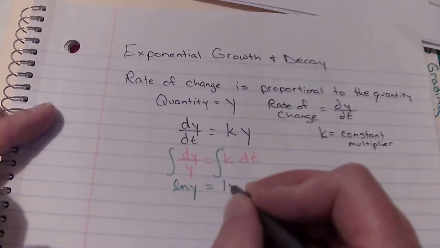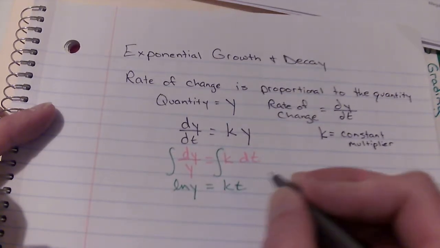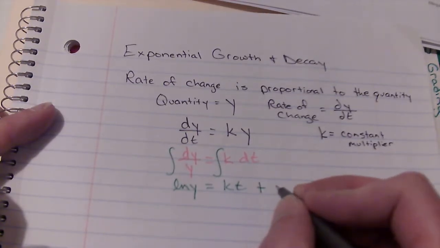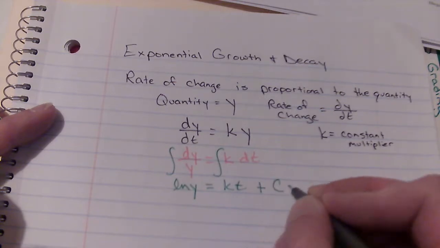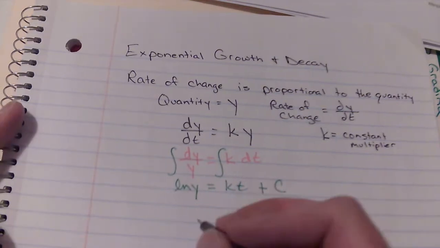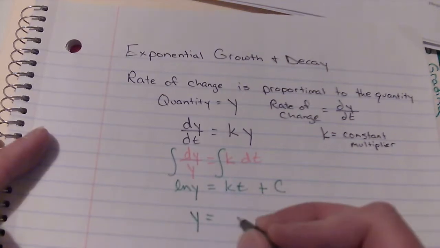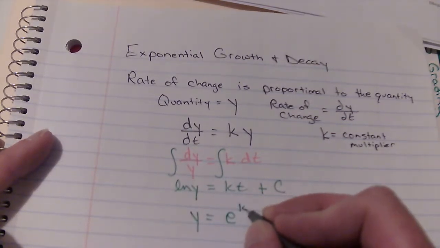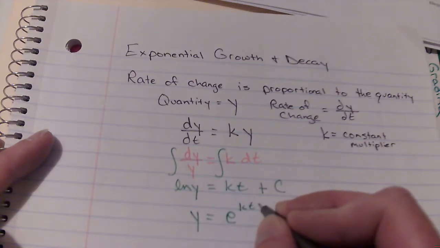And this would be kt, because that's some kind of multiplier, some kind of constant, plus some c. Now, ln is base e. So if I rewrite this, y equals e to the kt plus c.